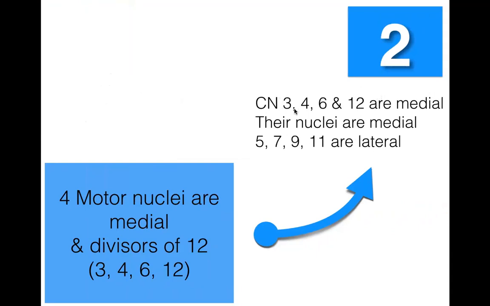So these cranial nerves, their nuclei are medially located. That means that the nuclei of cranial nerves number 5, number 7, number 9, number 11 are lateral in location.